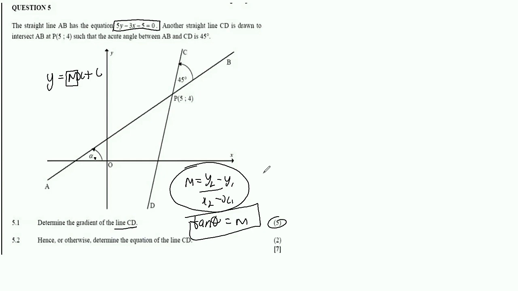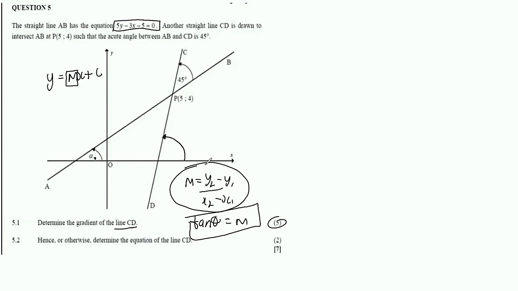So that means we can just put our angle of inclination there, because we know that the angle of inclination always occurs between the positive x-axis and going anti-clockwise to touch the line in question.